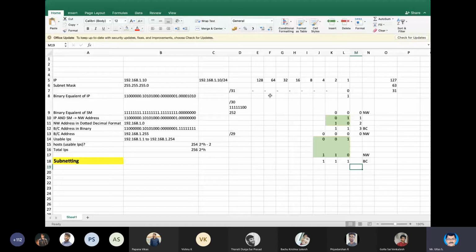So up to 64, I can have 62 hosts, 62 usable IPs, and the subnet mask will be 128. Only this bit will be 1. So likewise, can you all work out on this?